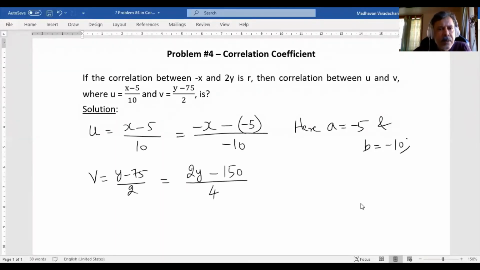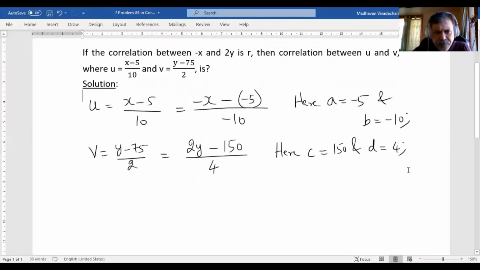So now we brought it into 2y. For v, generally, whatever is subtracted is considered to be the origin and whatever is divided is called the scale. Here it is denoted by c, the origin, which is 150, and the scale d is 4.